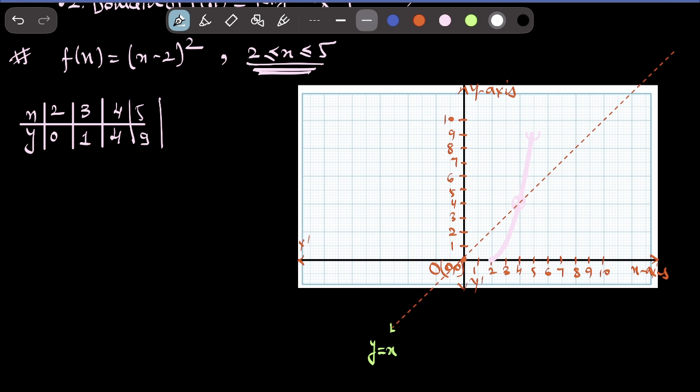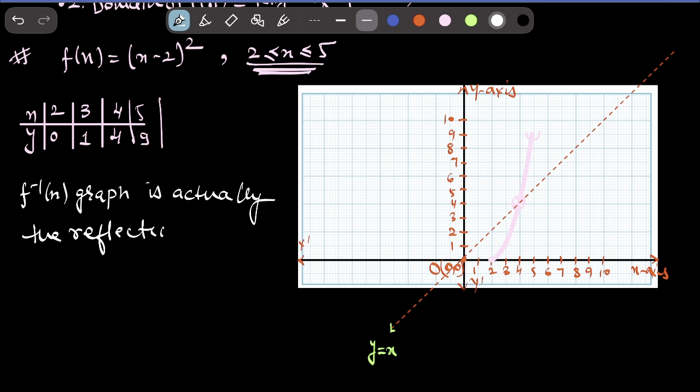Okay, now we need to understand a very important criterion, that the f inverse x graph is actually the reflection of the f of x graph in the y is equal to x line.